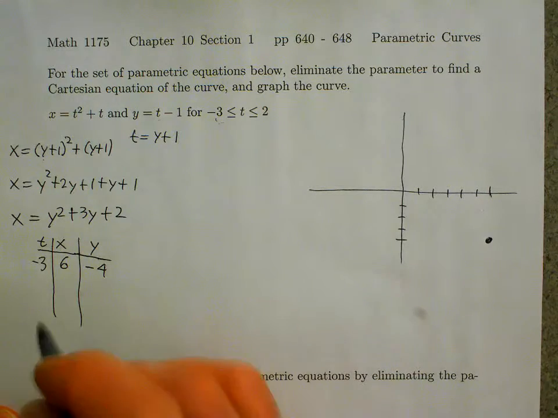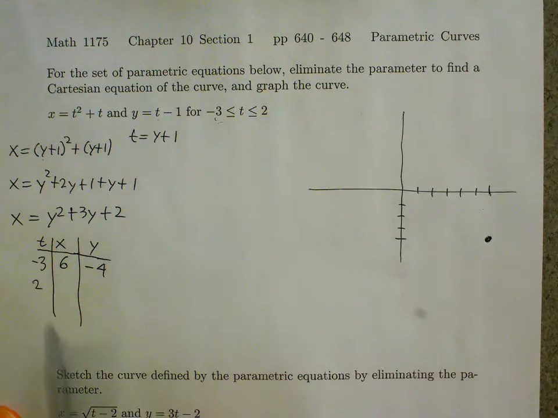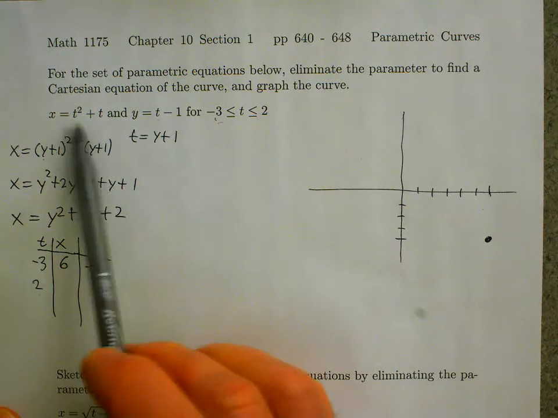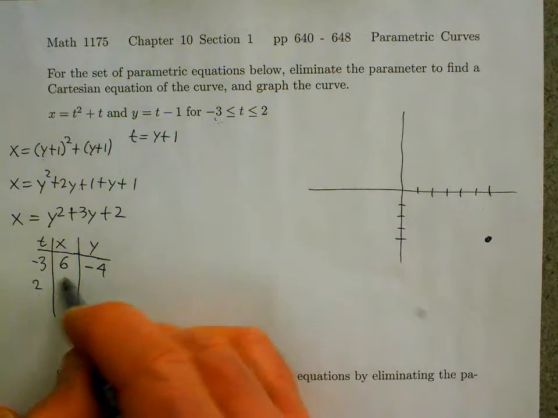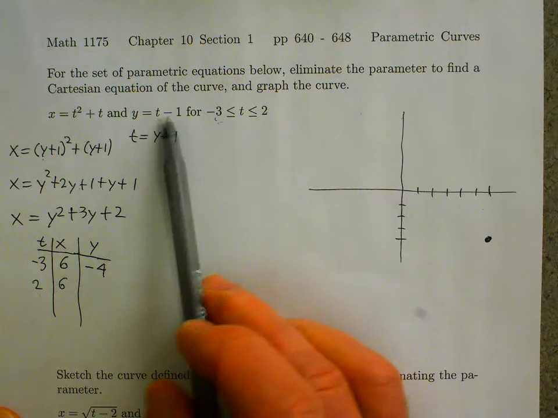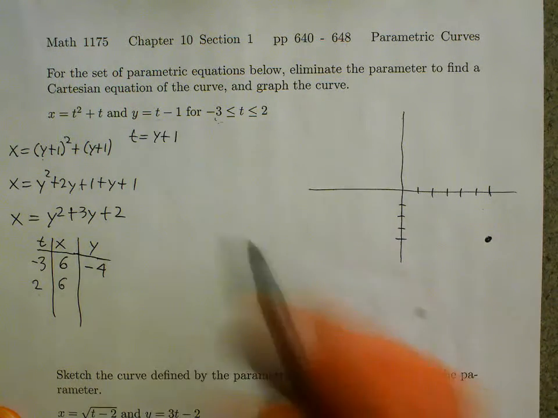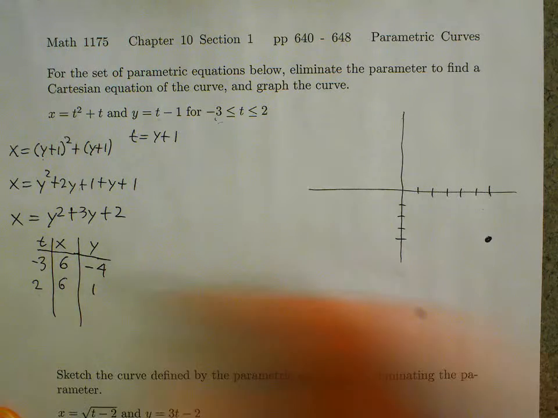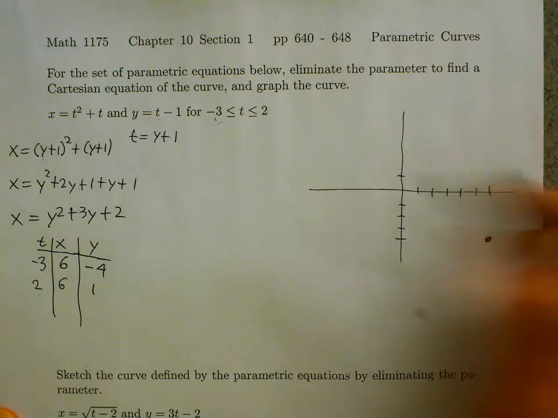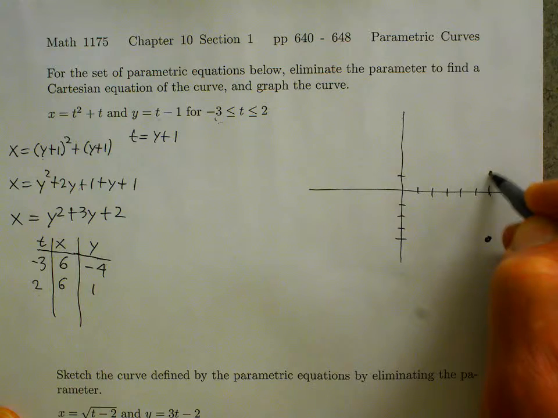The terminal point at 2, the x coordinate 2 squared plus 2 is 6. And the y coordinate 2 minus 1 is 1. So this is our terminal point.